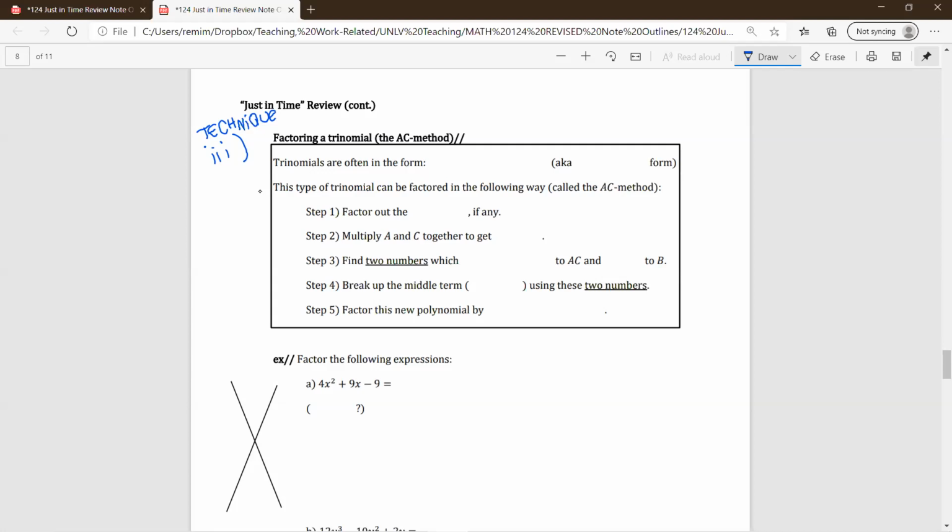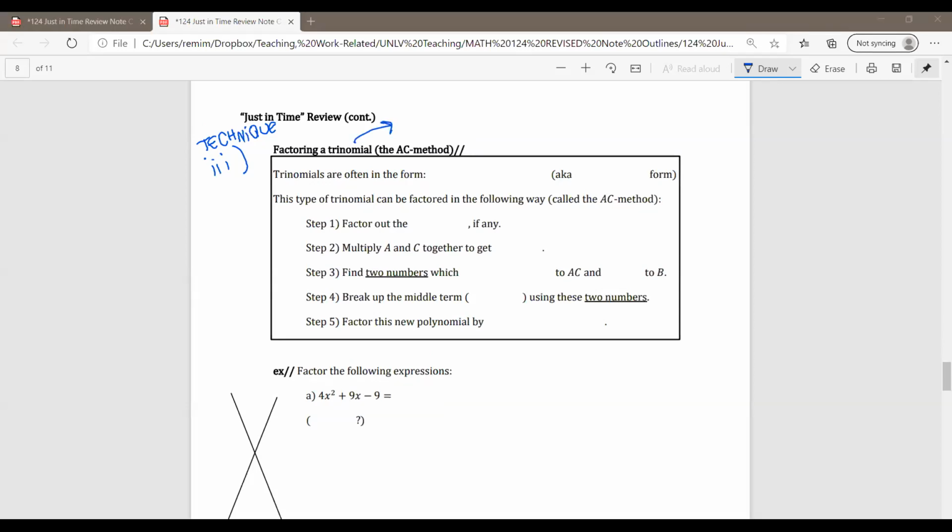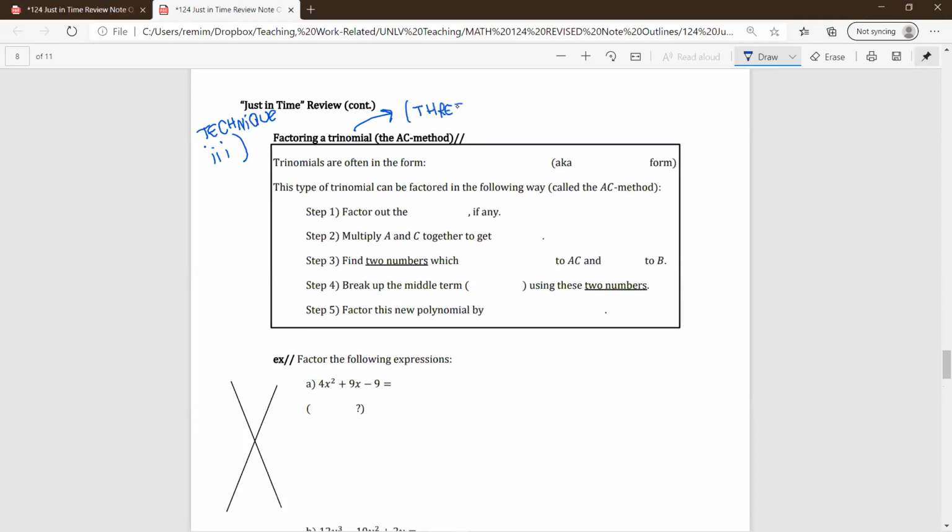So factoring a trinomial, the AC method. So trinomial, we talked about binomial, I think in the last video, and which meant a two-term expression. Trinomial is a three-term expression. So there are basically an infinite amount of trinomials.